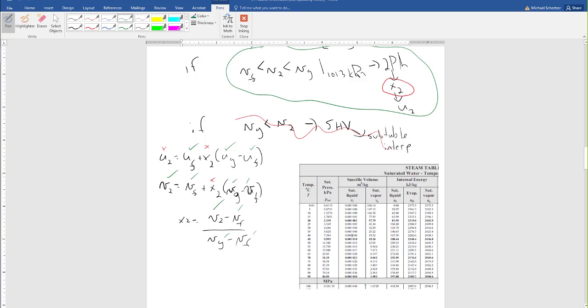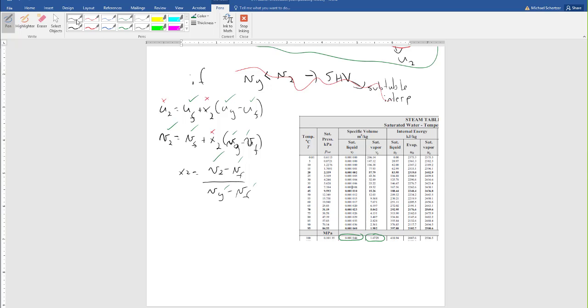And I can see for 100 degrees, here's VF and VG. So this I can rewrite as 1.57 minus, I'm just going to say 1 over 1,000 here, 0.001, divided by 1.673 minus 0.001, because my number's not going to change very much if I don't take the fifth and sixth decimal place.